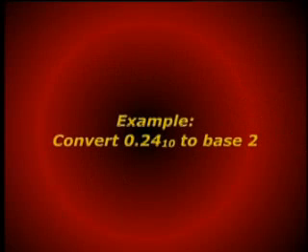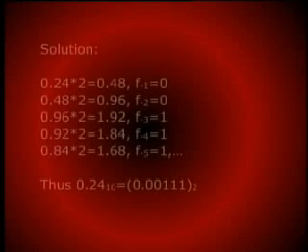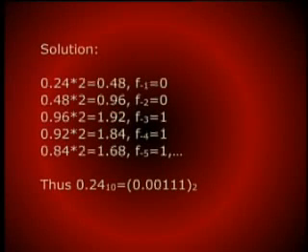Again, an example: let us convert the decimal fraction 0.24 to base 2. In this case we have C equal to 10 and the base B equal to 2. We start with the value 0.24, which is our given value v, multiply it with base b, which is 2, and we get 0.48.